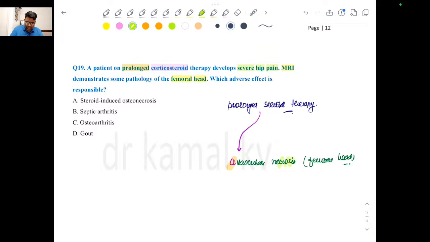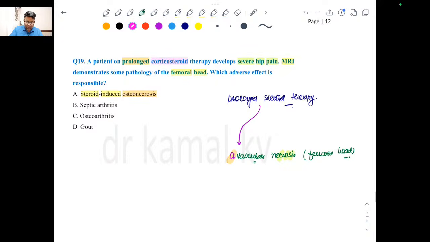So, this is steroid induced osteonecrosis or avascular necrosis, you can say, because usually whenever we teach avascular necrosis for exams, we always give you some fractures like fracture neck of femur going into AVN, or fracture through the waist of the scaphoid, or fracture through the neck of talus.